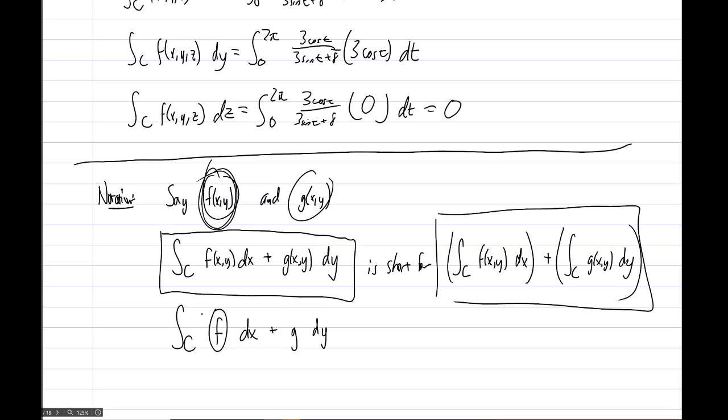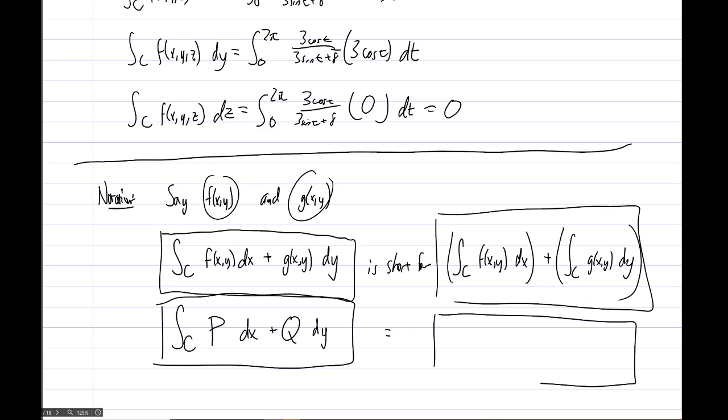It's just laziness. And when this occurs, people often, though you could still use a lowercase f and a lowercase g, just usually end up using a capital P and a capital Q. Again, don't read into it as if it's anything really all that special. This is just shorthand for integral over C of P of x comma y dx, let's put in parentheses just to make sure it's clear, plus integral over C of Q of x comma y dy.